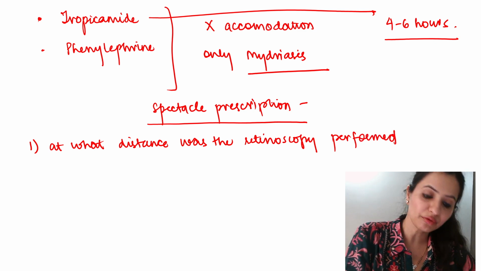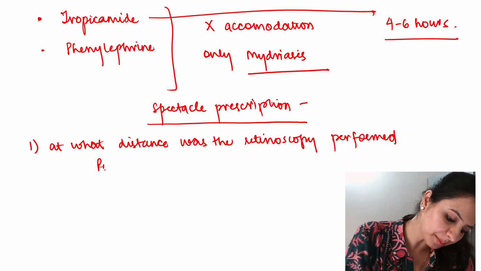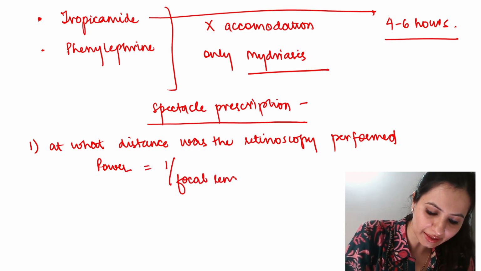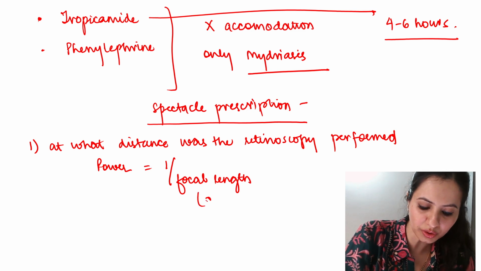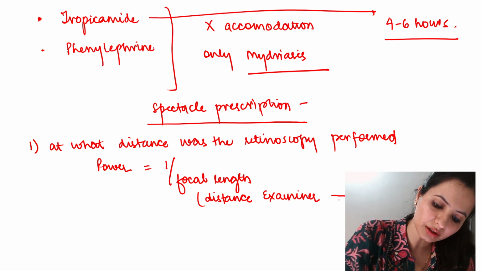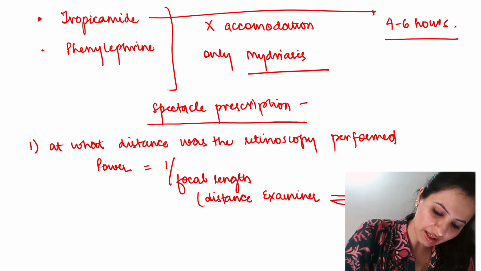Okay, see, we know that the dioptric power is equal to 1 by focal length, where this focal length here refers to the distance between the examiner and the patient, right?